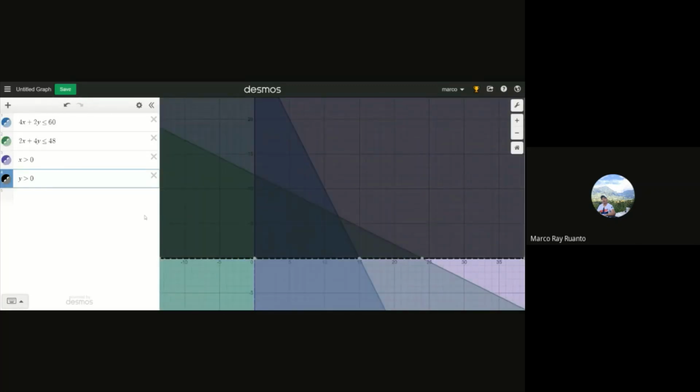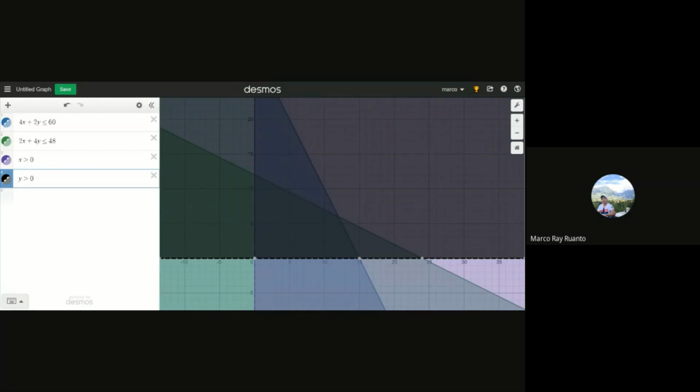Now we are going to determine the solution of the linear inequalities. We know that the solution of the linear inequalities is the common shaded region for all inequalities.